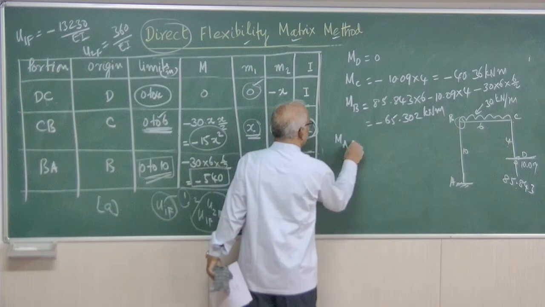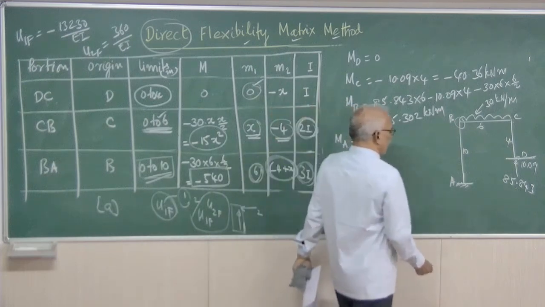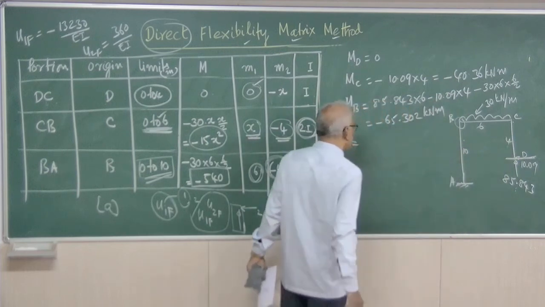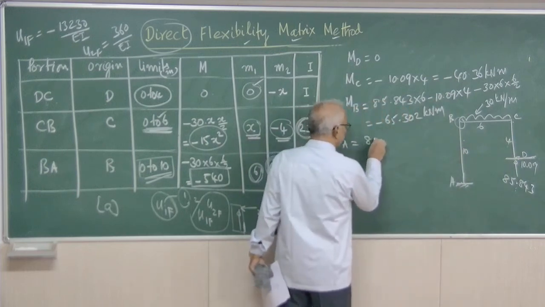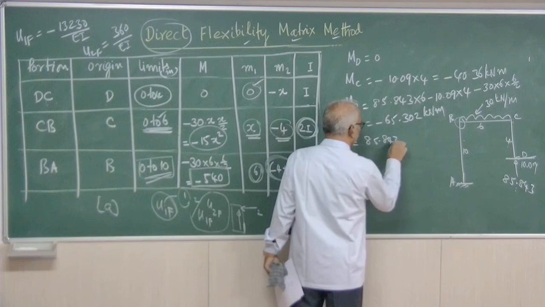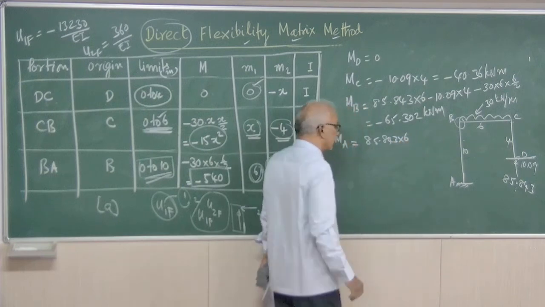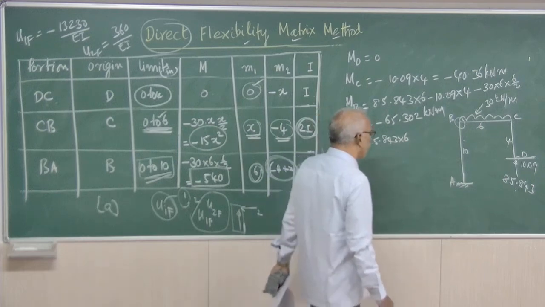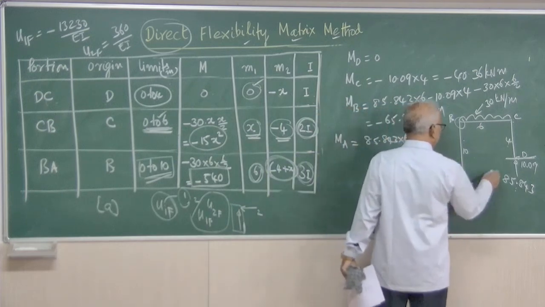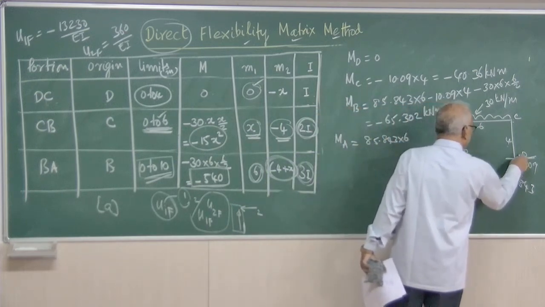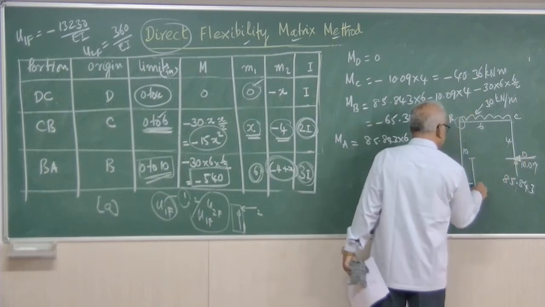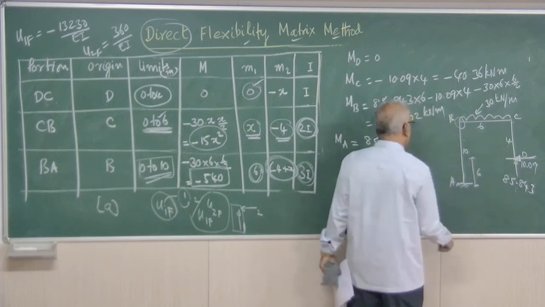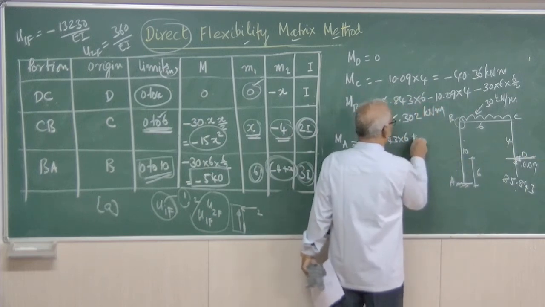Then coming to MA, the moment at A equals 85.843 into 6 meters, anti-clockwise, so positive, vertical force into horizontal distance. The horizontal force is 10.09 and the height is 6 meters; 10.09 into 6 is again anti-clockwise, therefore plus.